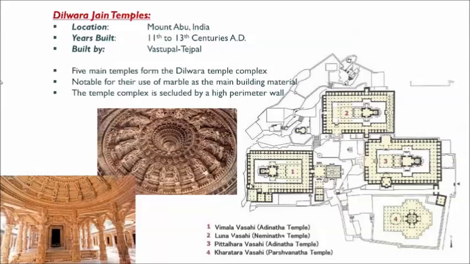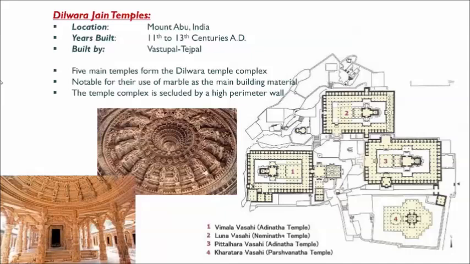Marble is the main building material, and they're stunning because of how much marble is used and these intricate carvings. So you see repetition in a radial way around domed structures. You see carvings supporting those domes and columns, so those elements repeat. Some of the carvings themselves repeat and create a rhythm.